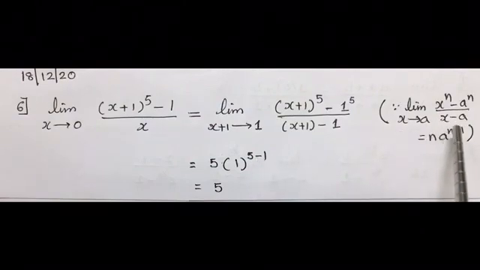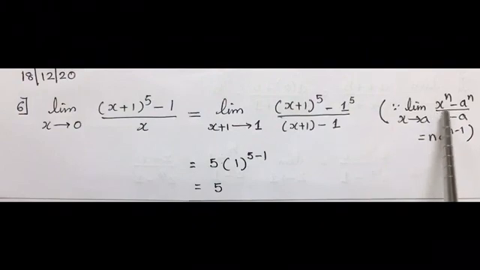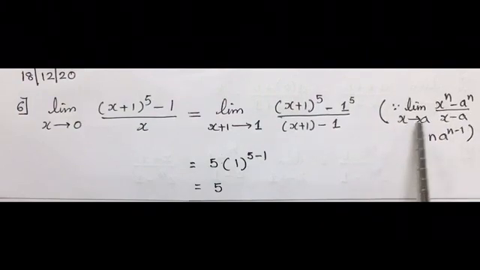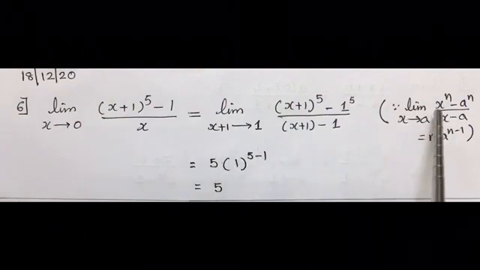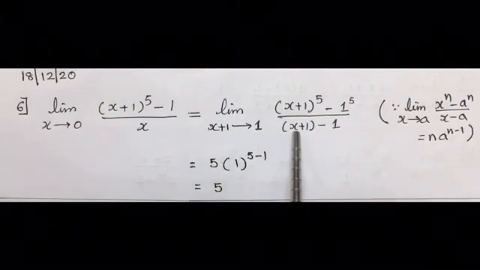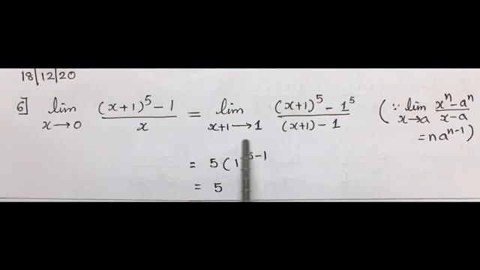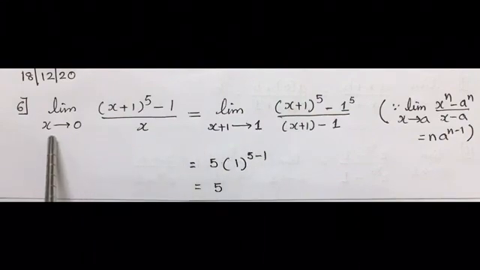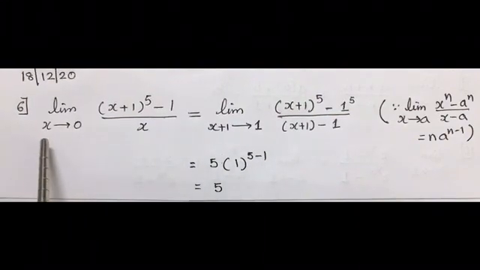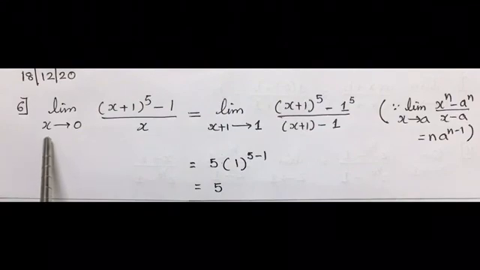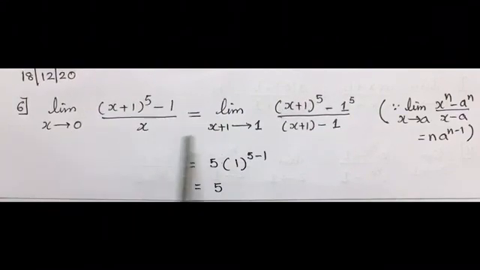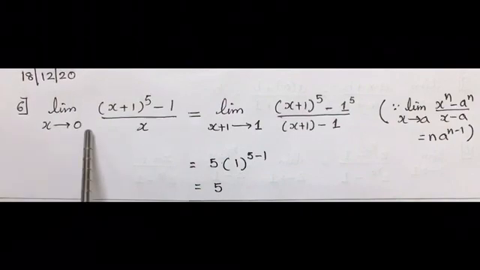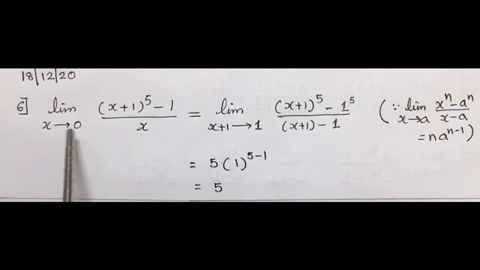Now here, if it is x minus a, then x tends to a. But here instead of x, we have x plus 1. So whatever limit of x is given, that is x tending to 0, both the sides 1 is added.